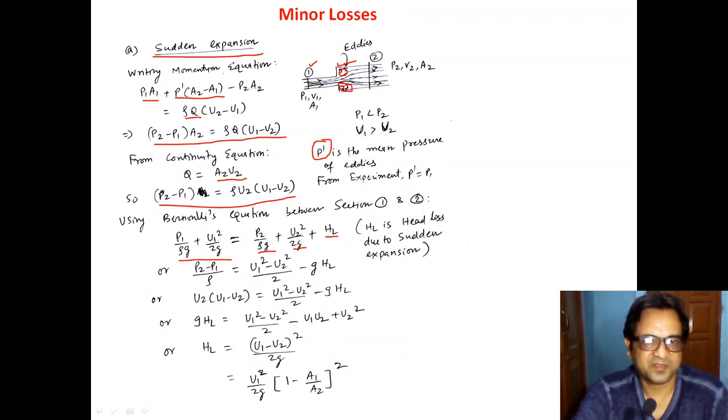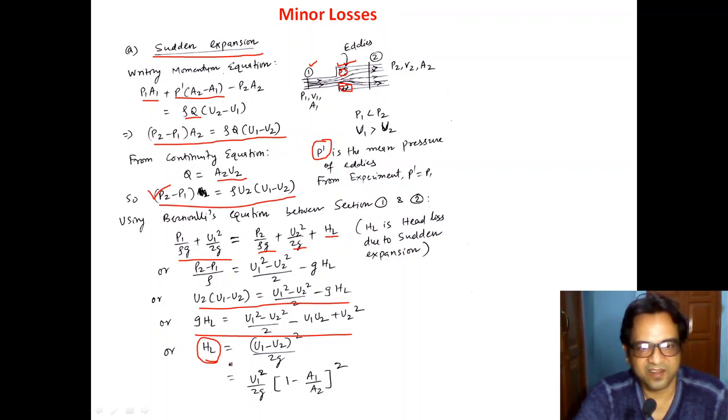Replace P2 minus P1 from the earlier equation, put the value here, then do a little rearrangement of the equations, and we will get HL. So the loss of head due to sudden expansion, I am using L for all the losses. You can replace L by E for expansion, L by C for contraction, but all are losses. Even F I can write for friction.